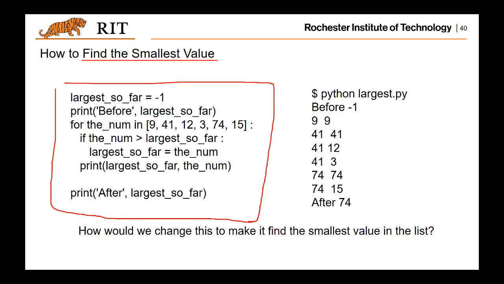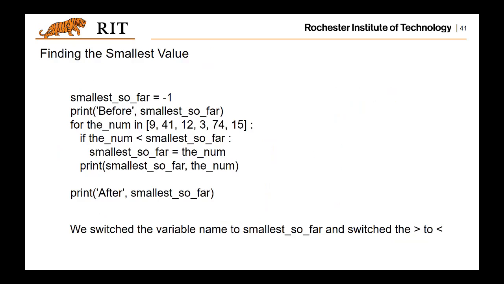One direct thought will be, how about we change this greater than to a smaller than, something like this. You can type this into your Jupyter notebook and see what the result is and whether it works or not. Go ahead and test it now.